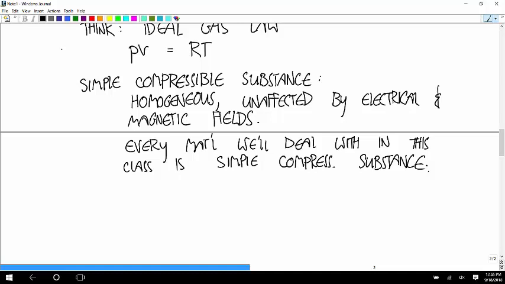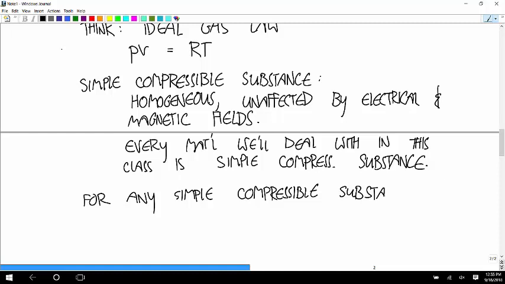And the nice thing about simple compressible substances, so for any simple compressible substance, two properties is enough.